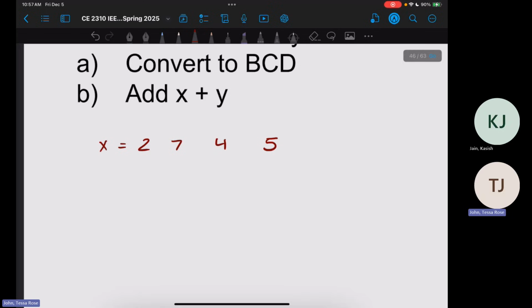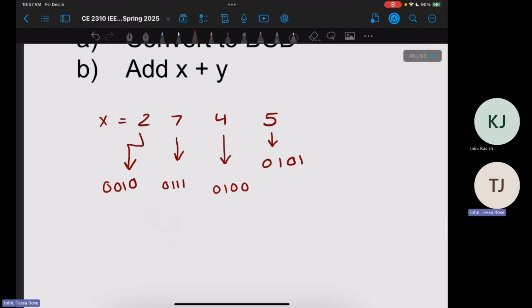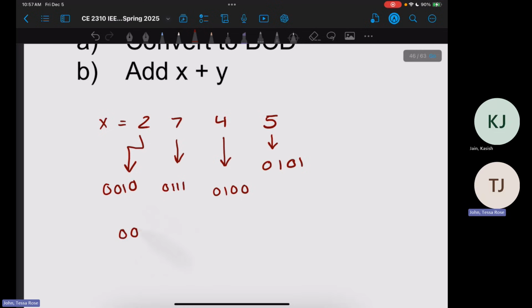So 5 in binary is 0101. 4 in binary is 0100. 7 in binary is 0111. And 2 in binary is 0010. So the BCD form of X is 0010 0111 0100 0101. Pretty self-explanatory to convert it to BCD.